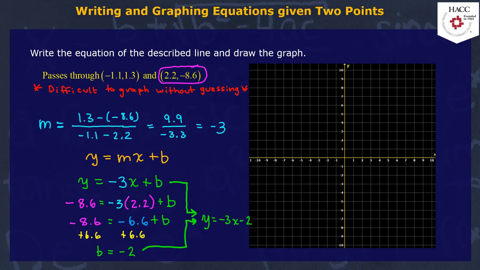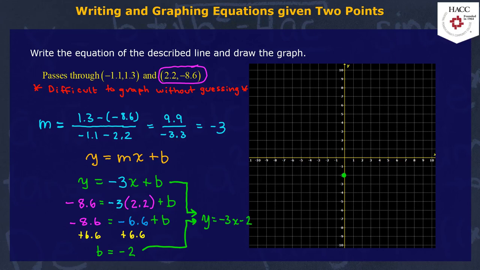Now, with this equation, this is a lot easier to graph because I have nice integers for my y-intercept. I also have a pretty well-defined slope where I'm not counting by any decimals either. So, using the fact that b is negative 2, I would plot my first point there.